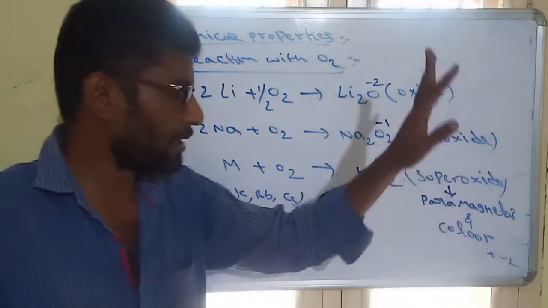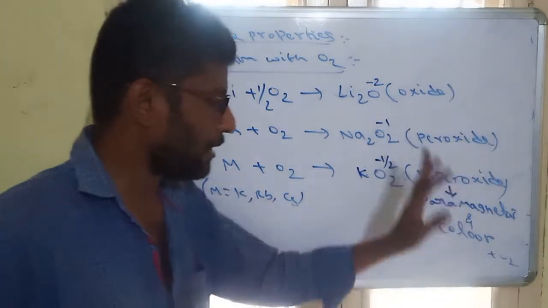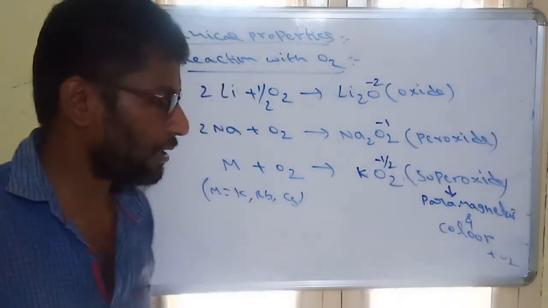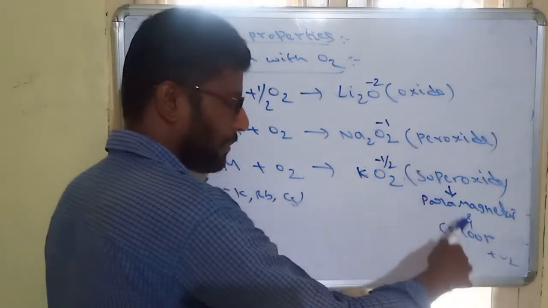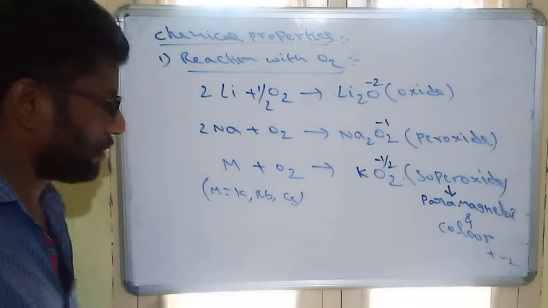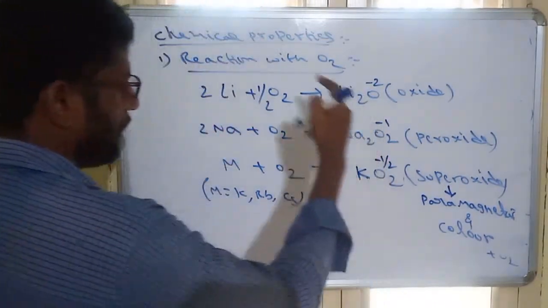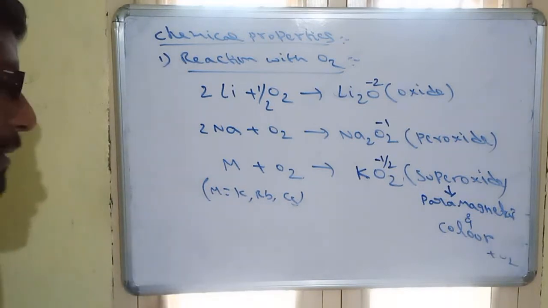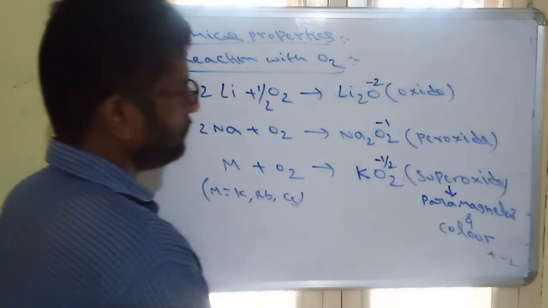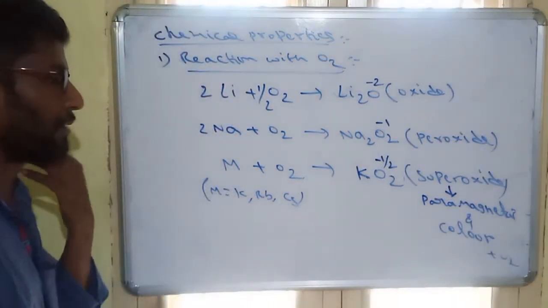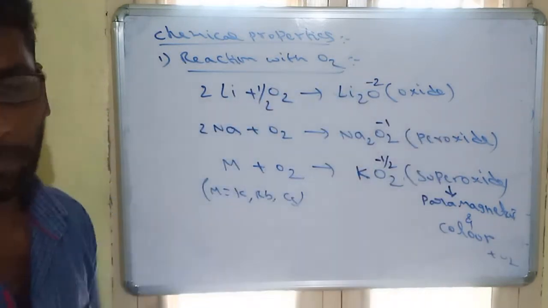An odd number means there must be an unpaired electron, so it will be paramagnetic and also colored. So all superoxides are paramagnetic and colored due to the unpaired electron. But in oxides and peroxides, unpaired electrons are not present, so they are diamagnetic. These are diamagnetic and this is paramagnetic.